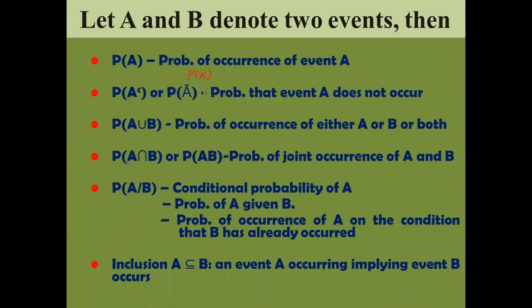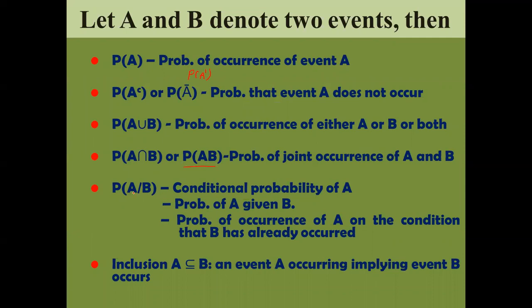That is, the probability that event A does not occur means it is the complementary event of A. Next is P of A union B. This is the probability of occurrence of either A or B or both. P of A intersection B, sometimes given by P of AB, is the probability of joint occurrence of A and B. What is the probability that both events A and B occur?